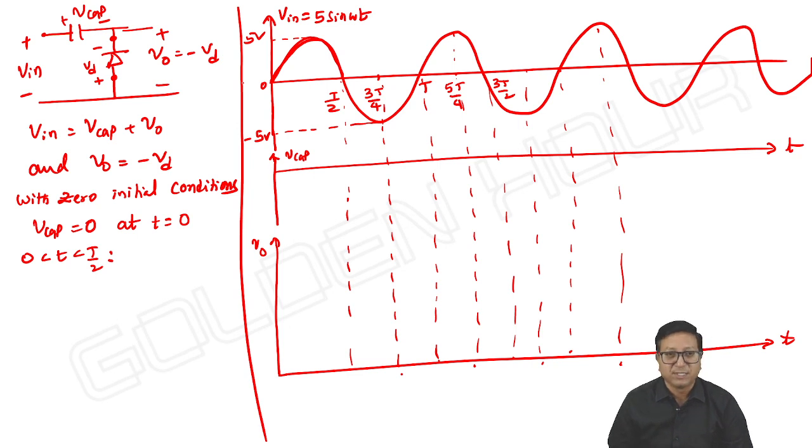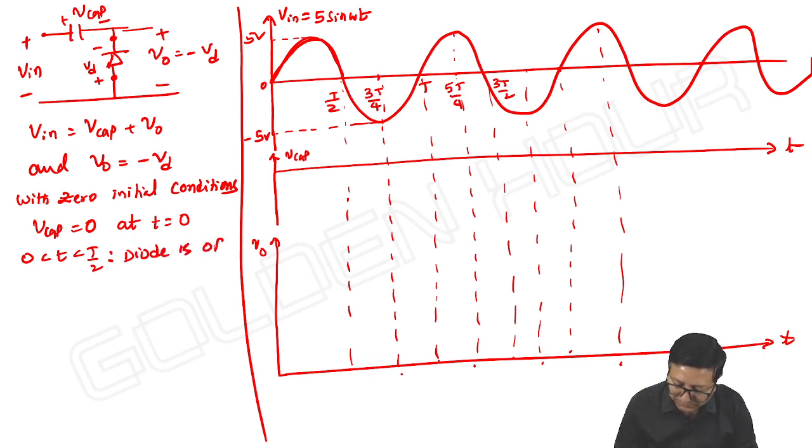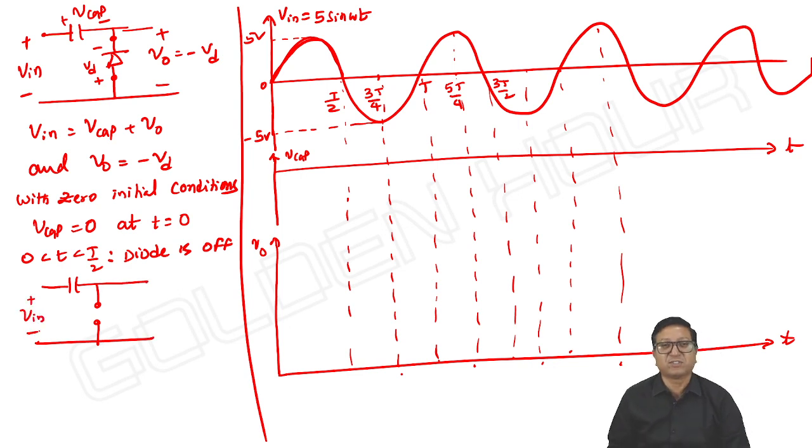Input is positive. As input is positive, the diode cannot conduct because the cathode is connected to the positive terminal of the supply and anode is connected to the negative terminal of the supply. Diode is off. As the diode is off, it acts as open circuit. So, is there any path for the capacitor to charge or discharge?